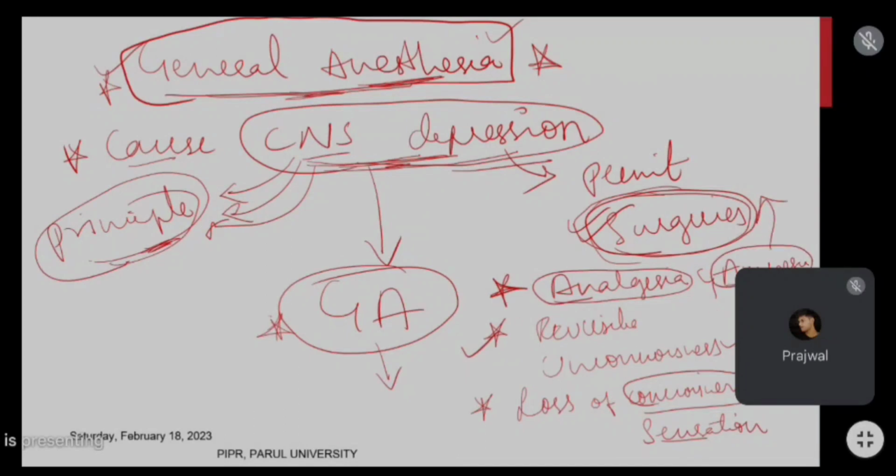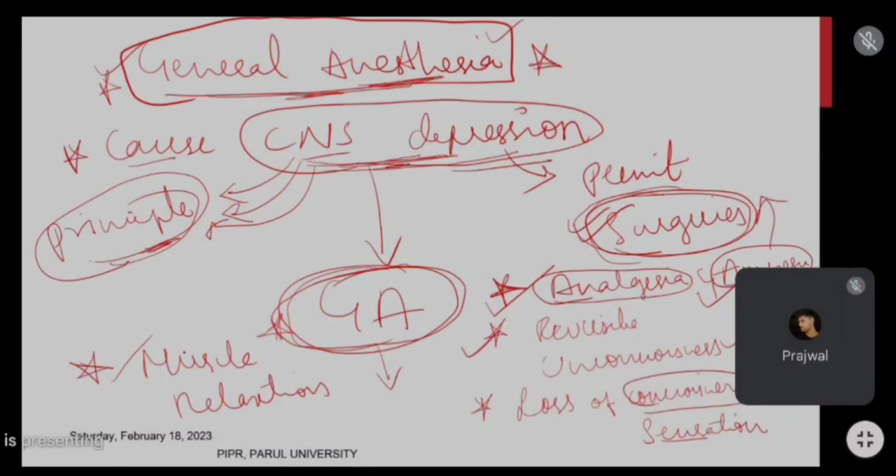These are three points. And the next important, fourth point: general anesthesia is the condition where the patient will have muscle relaxation. Let me repeat the points, ध्यान से सुनो सब लोग. General anesthesia is the condition where the patient will have reversible unconsciousness, loss of sensation, analgesic and amnestic effects, and muscle relaxation.